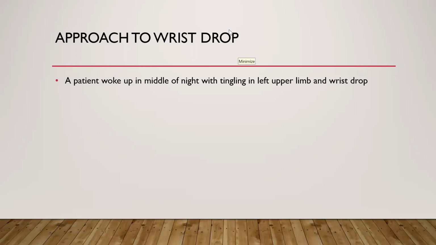If it is a UMN lesion, a cortical wrist drop, there will be extension of the wrist. They can close the fist, but there will be extension at the wrist. If you try it now also, a little bit of extension of the wrist happens. But if it is an LMN wrist drop, the wrist will drop further. Understand?